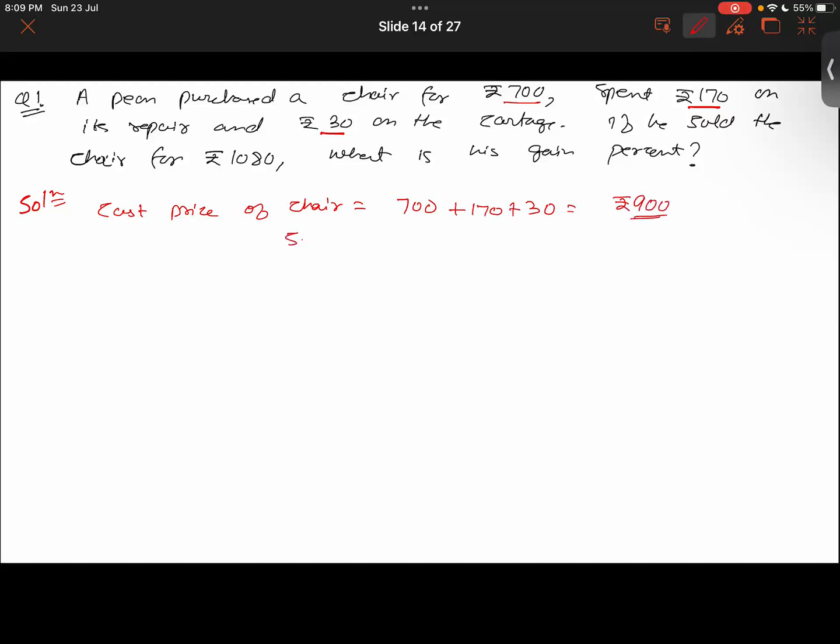Selling price is also given in the question, so write that as well: rupees 1080. And gain you can calculate using the formula. What was the formula to find gain, Ahmed?